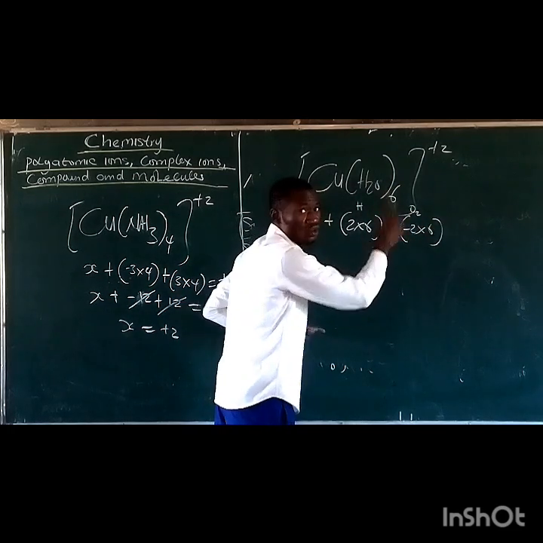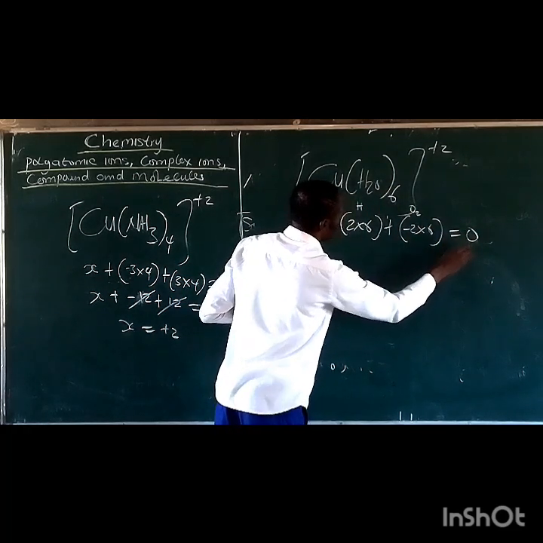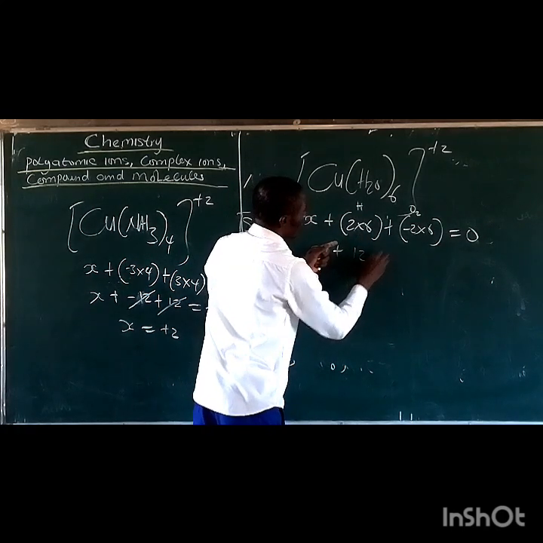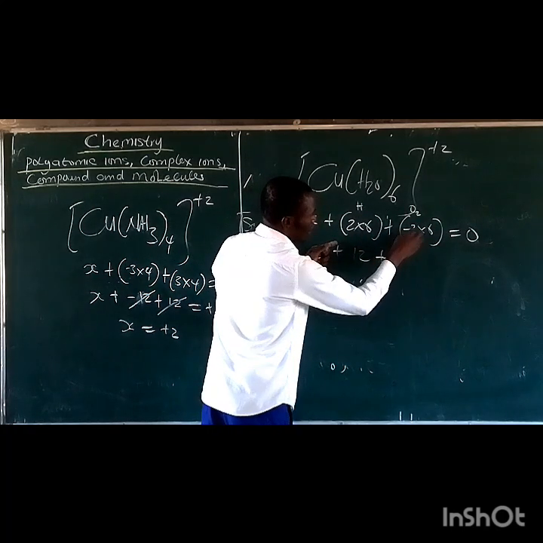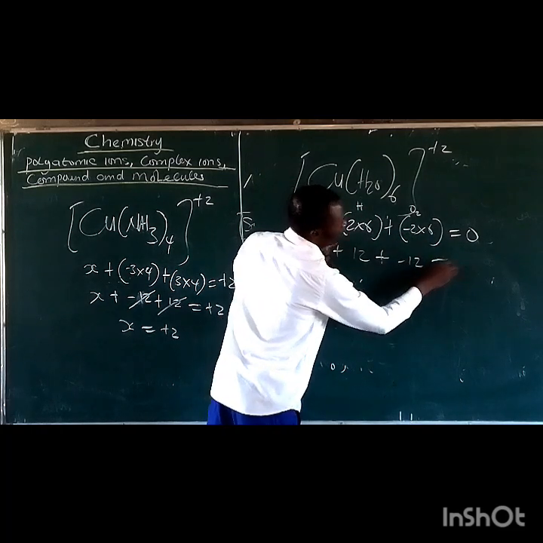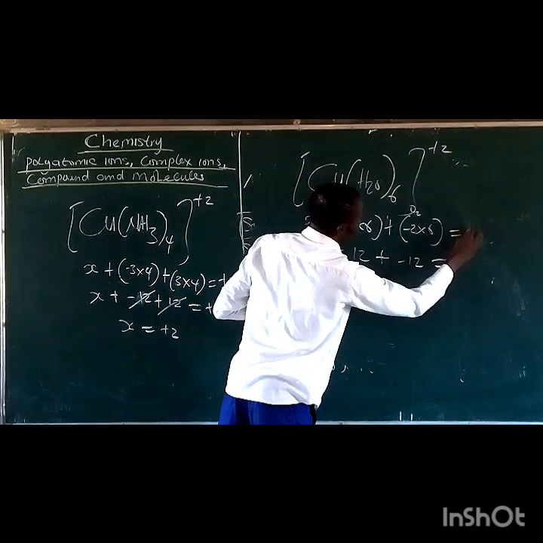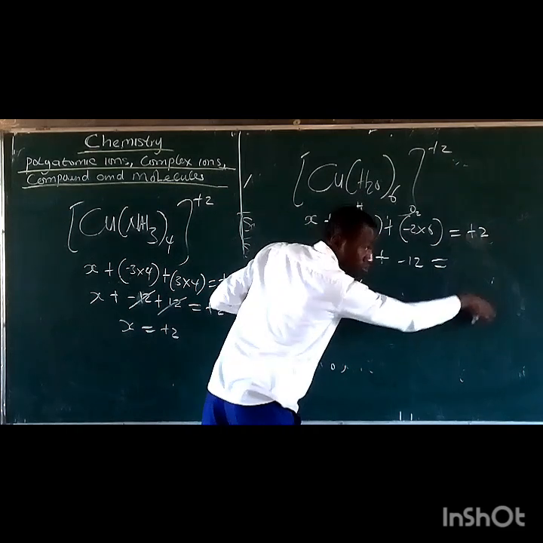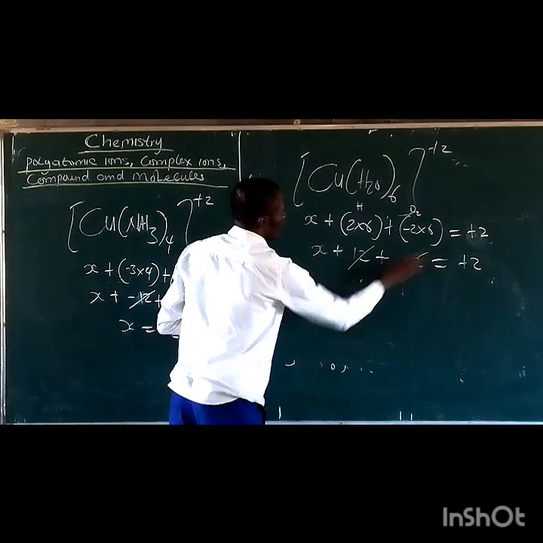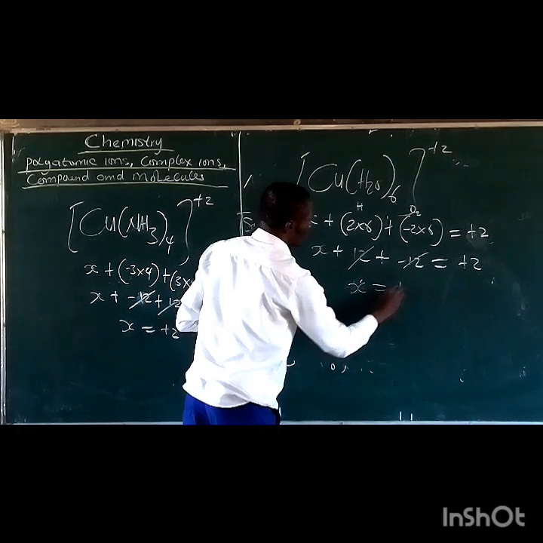We have one of those oxygen there, equals 0. Now, we have x plus 12, plus minus 2 times 6, minus 12 also, is equal to, no, this is not 0, this is plus 2. You see that? Plus 2. Now, this will cancel this. We have that x is equal to plus 2.